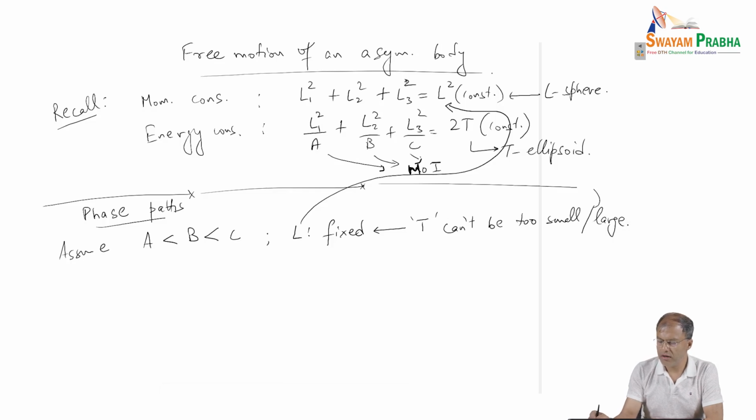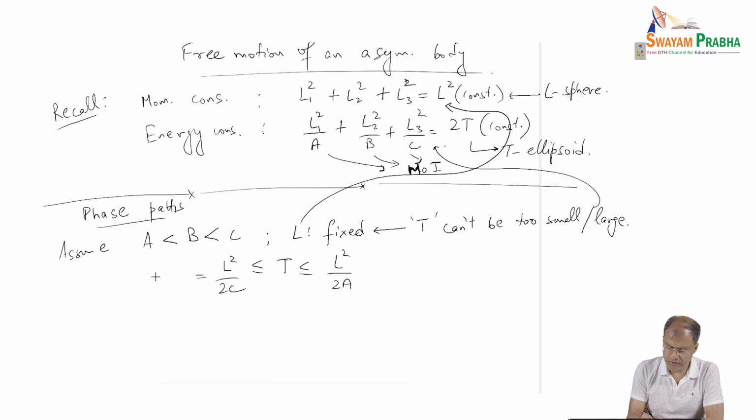This is based on the conservation of energy, because now my kinetic energy will be lying in the range from L square by 2C to L square by 2A, where this one is T min. L square by 2C is the minimum value of the kinetic energy, and L square by 2A is the maximum value. Okay, so then we can further look into some specific cases.